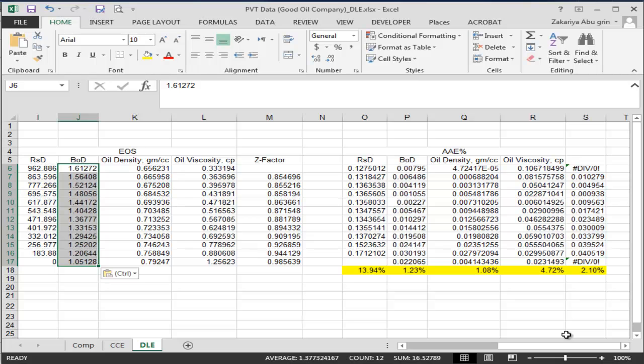At least now you see how you can solve this, so try to have a low error. We want to match this, between this and this, and we will try to keep the saturation pressure matched and the oil density matched.